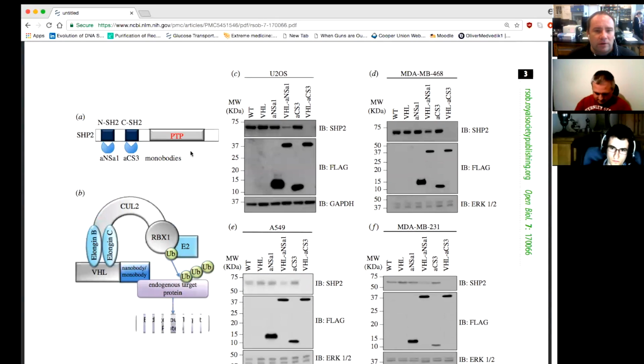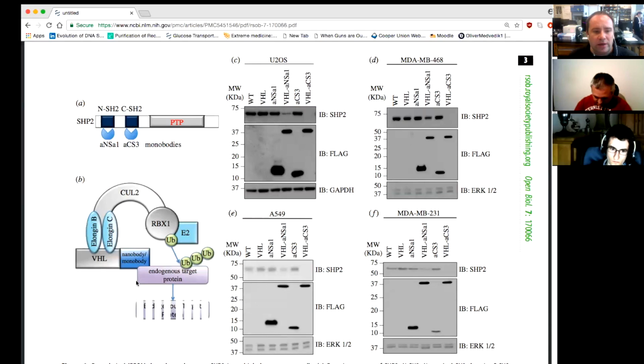So they're introducing a couple of different things into the cell. One is obviously their VHL monobody, right, which is directed against two domains. They have two different ones, and one they call ANSA1, the other ACS3. Those are the monobodies, and they're targeted to two domains, NSH2 and CSH2, within the SHP2 protein.